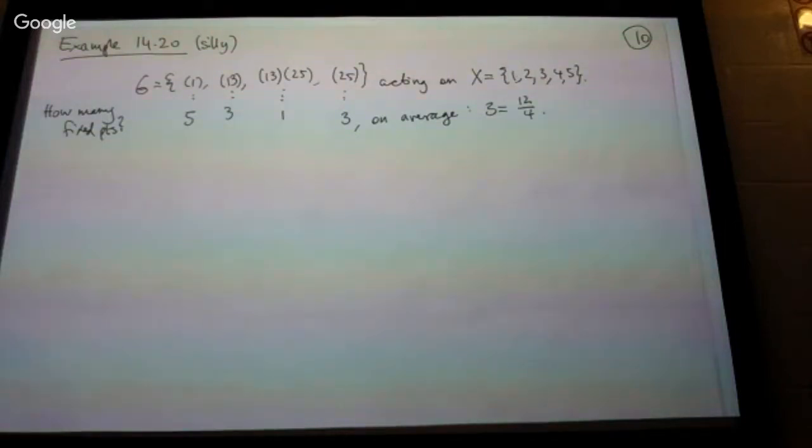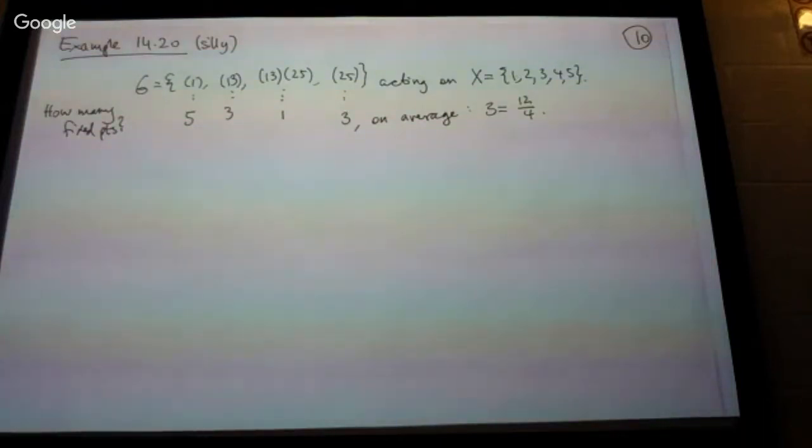Because the numbers that are moving can't be other numbers. Like the first set, 1 and 3, it's 2, 4, and 5 that are not moving.